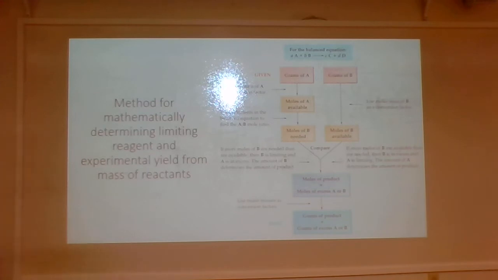So we have our balanced chemical equation with that generic form of A plus B equals C plus D, with our lowercase letters being our coefficients. If we're given the number of grams of our starting material A and our number of grams of our starting material B, we can then convert into number of moles of the same thing.